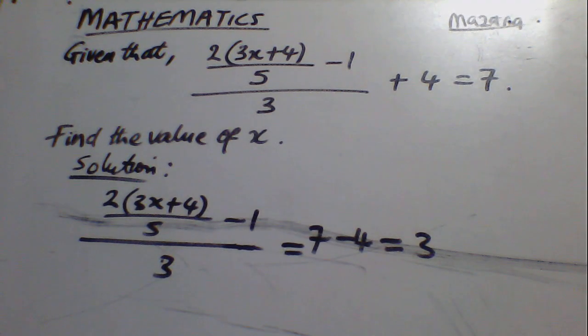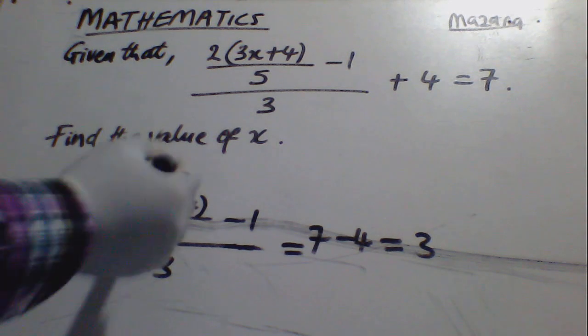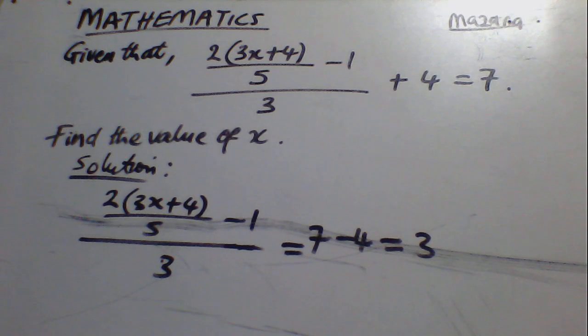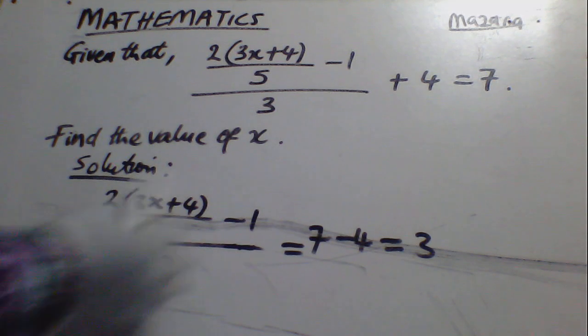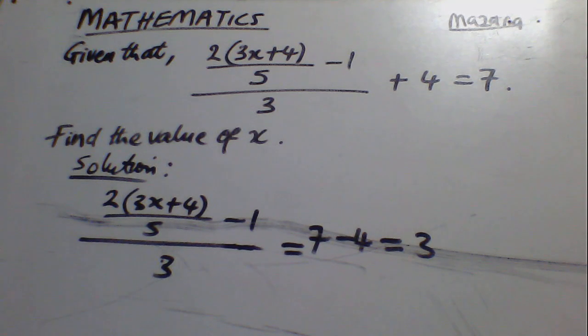For simplicity, we have to solve the numerator and the denominator of the fraction one at a time. So let's simplify the numerator of this left hand side part of the fraction.